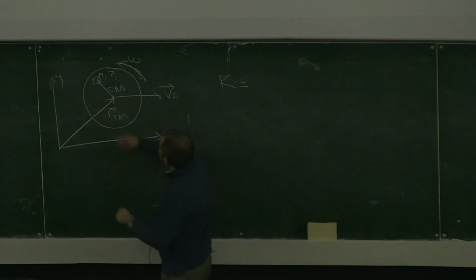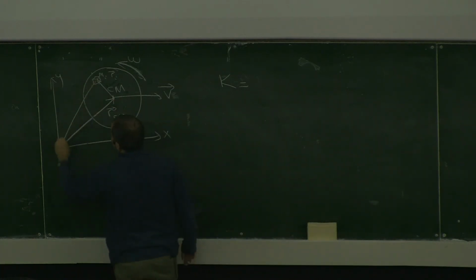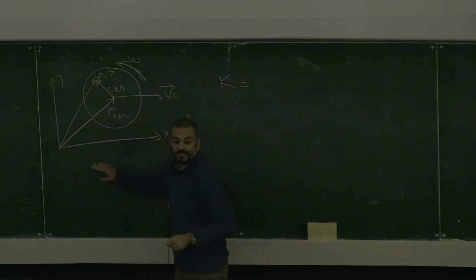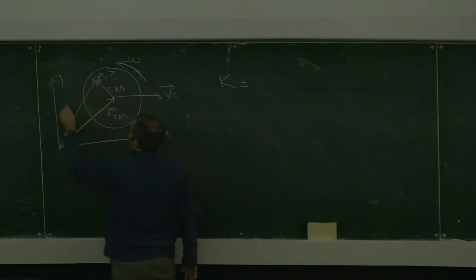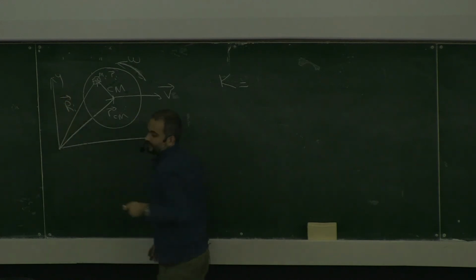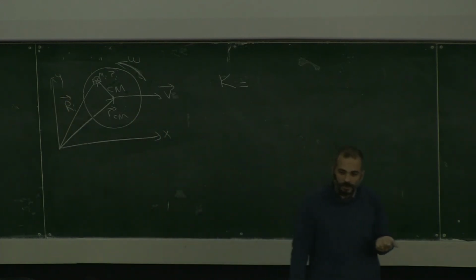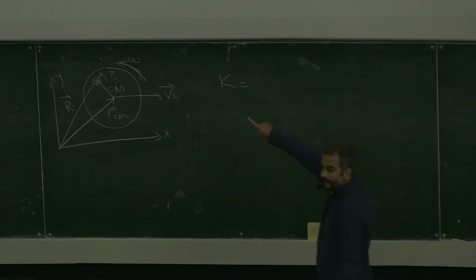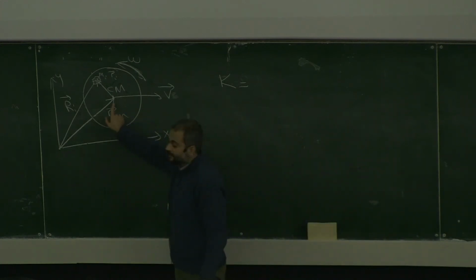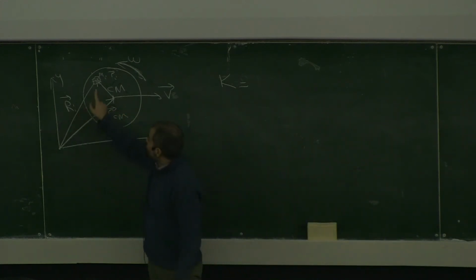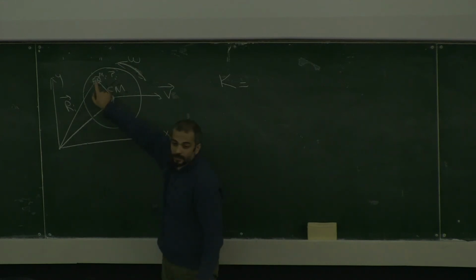Let me also denote the position of this mass mi relative to my fixed reference frame by the capital Ri vector. So the small r denotes the position of my mass relative to the center of mass, and the capital R is the position of this infinitesimal mass relative to my original coordinate axis.